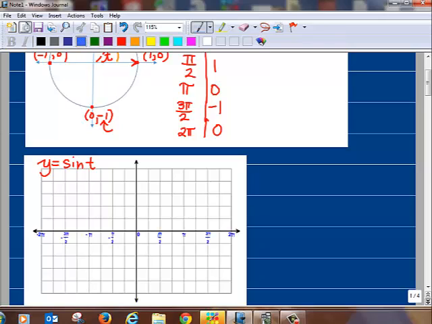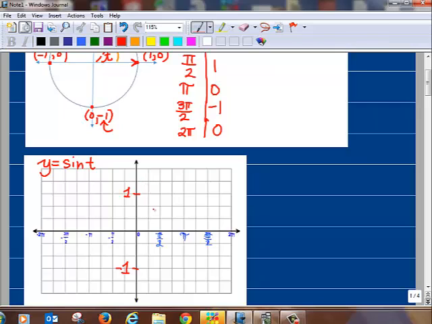So this is pi over 2, this is pi, this is 3 pi over 2, and then we have 2 pi. I can plot points to graph this function. I'm going to use a bigger scale. Let's call this 1, and let's call this negative 1.